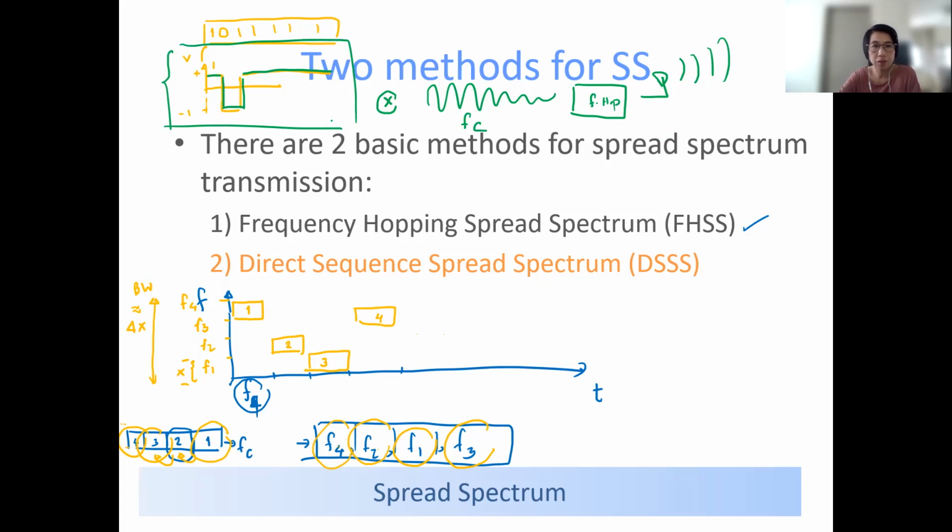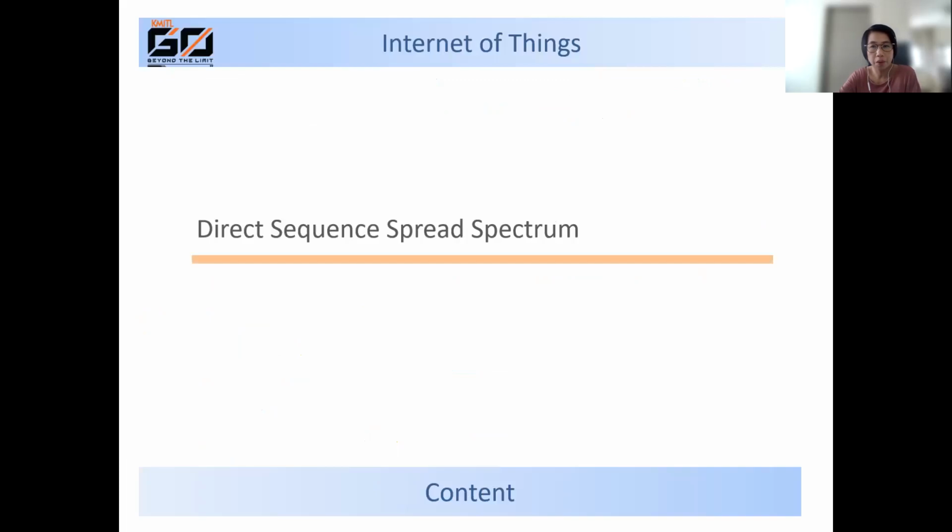But if you take a look at another technique we call direct sequence spread spectrum, the process is different. But the concept of making wider bandwidth is the same. I mean, it tries to make the spectrum wider, or to make the bandwidth of the transmitted signal wider, but the way it does so is different between the two techniques.